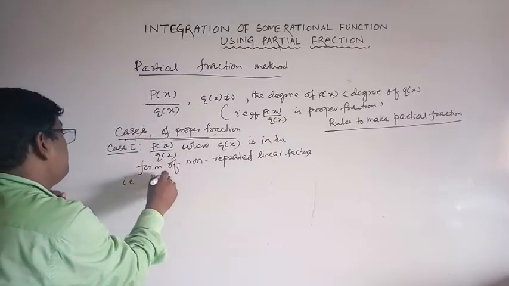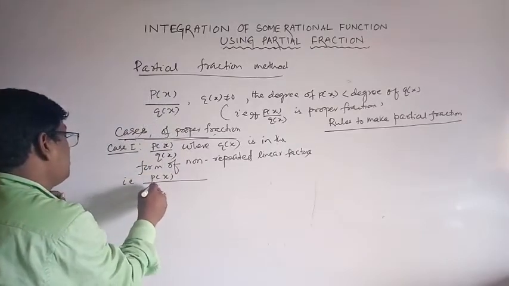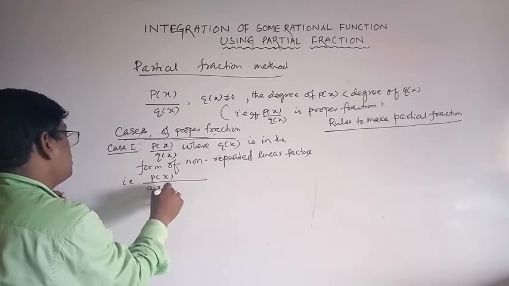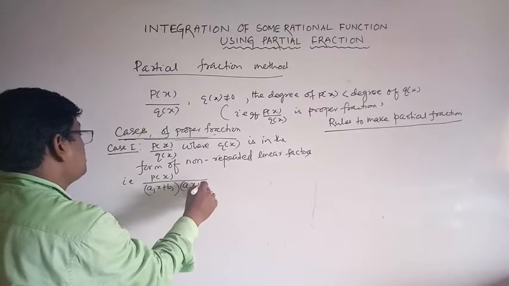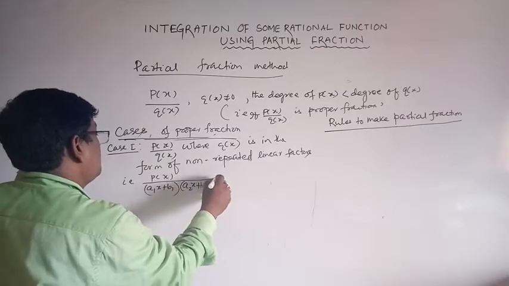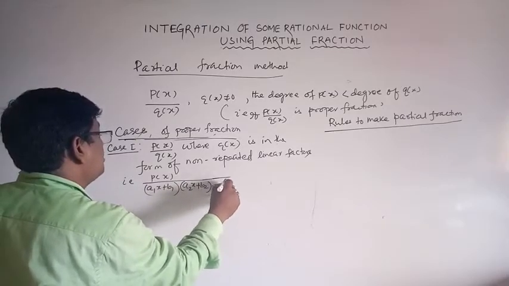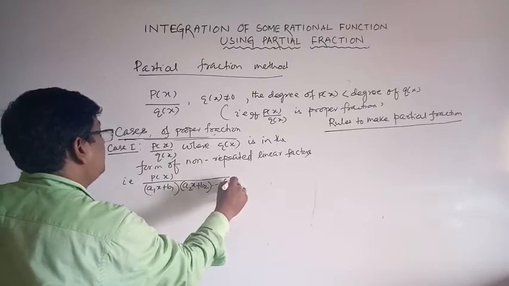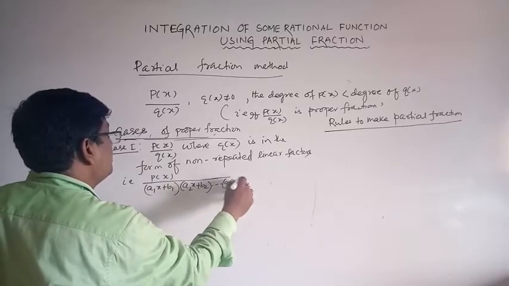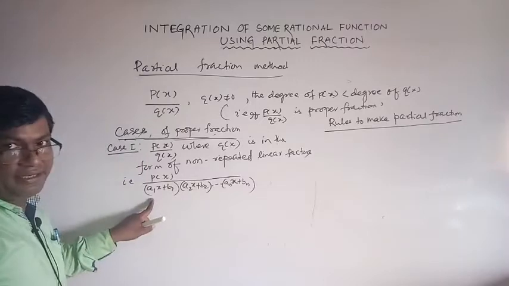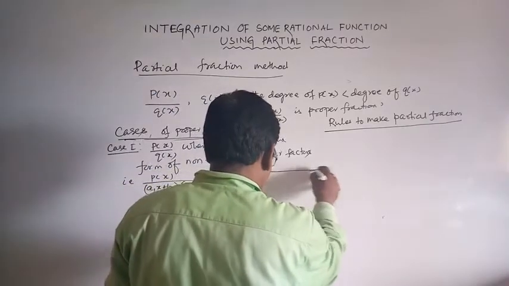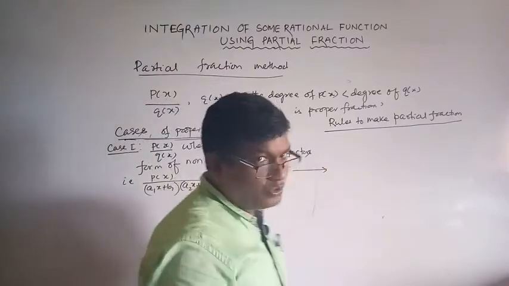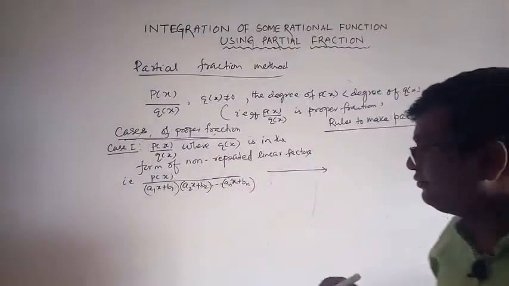That is, p(x) divided by, suppose you are given (a1x plus b1), (a2x plus b2), dot dot (anx plus bn), like this. All are linear and non-repeated. Then what is the rule to make partial fraction?